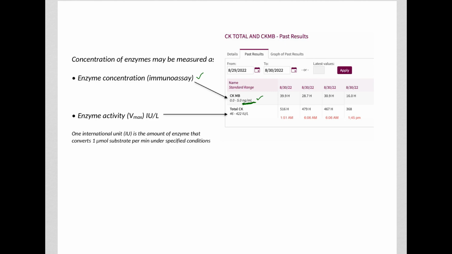Enzyme activity, on the other hand, the most common unit is international unit per liter, IU per L. 1 international unit is the amount of enzyme that will convert 1 micromole substrate in 1 minute under specified conditions, especially pH and temperature.